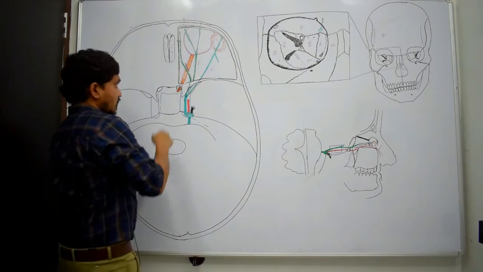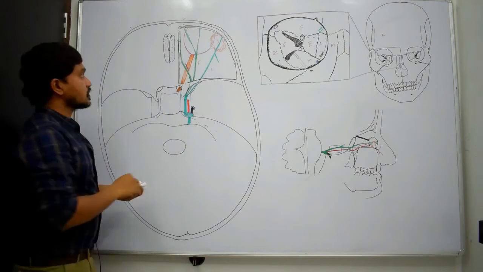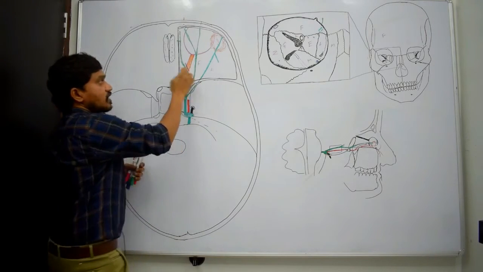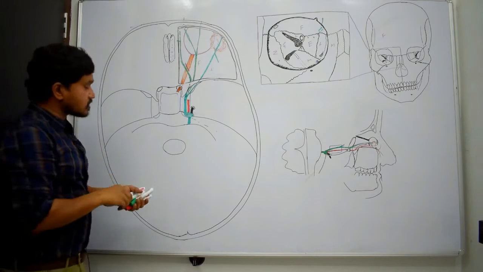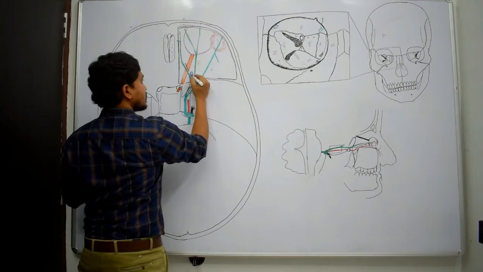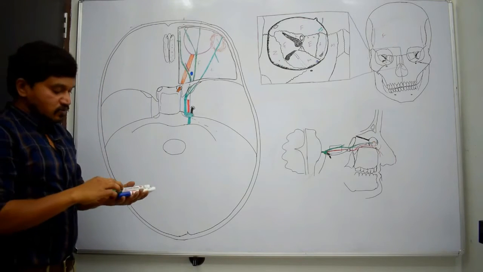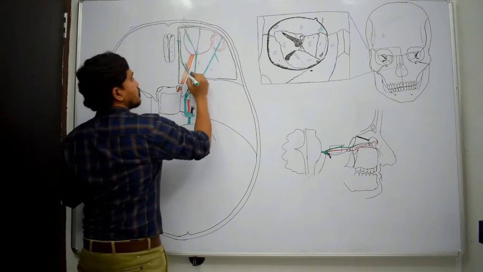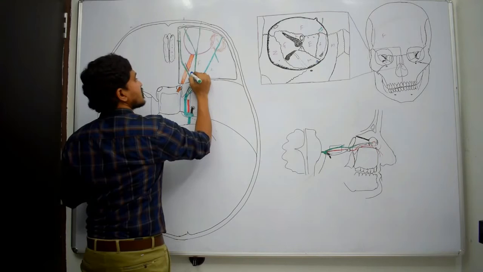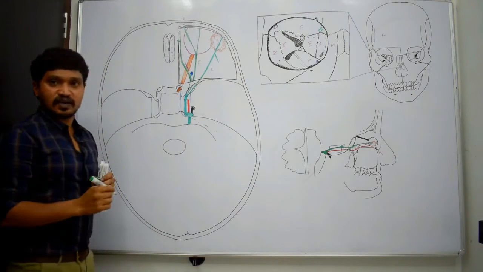See, this is optic nerve and somewhere here lateral rectus will be present. In between the optic nerve and lateral rectus, you can see one ganglion. What is that ganglion? Ciliary ganglion, right? So this is ciliary ganglion. To the ciliary ganglion, it will give one communicating branch, that is actually a sensory branch, that is the branch to the ciliary ganglion, right?